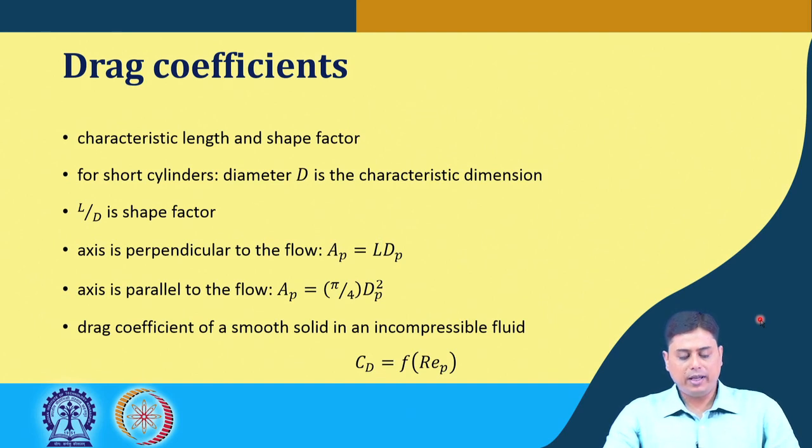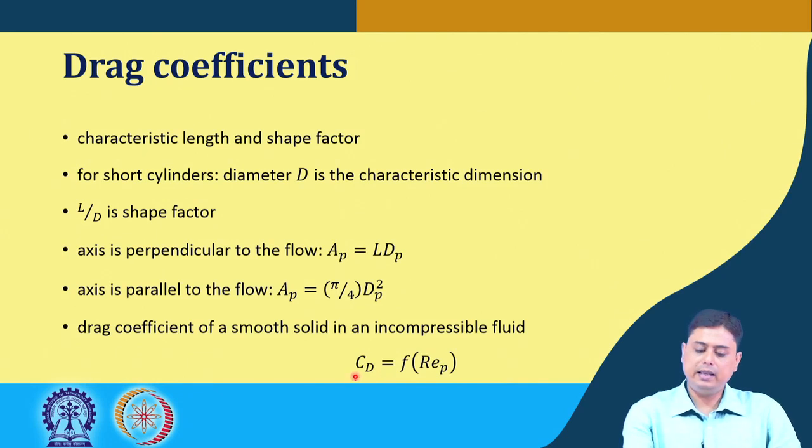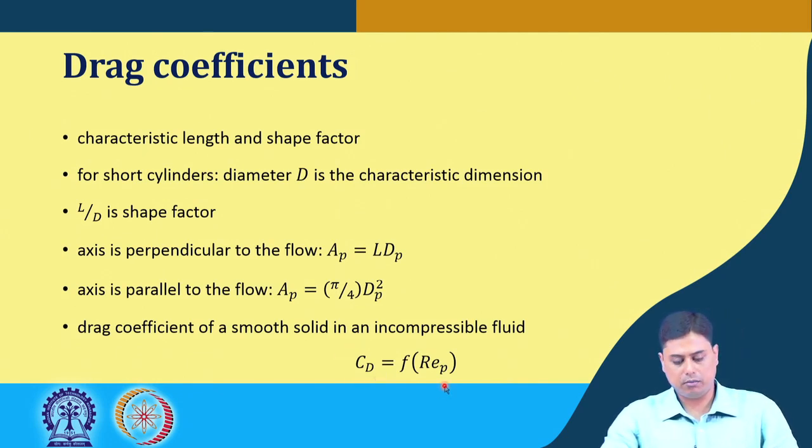So we can understand that for this drag coefficient, the scenario is more complicated than what we have seen in the case of friction factor, because it has several components. The drag coefficient CD, as I said, is a function of the particle Reynolds number, where P stands for the particle.